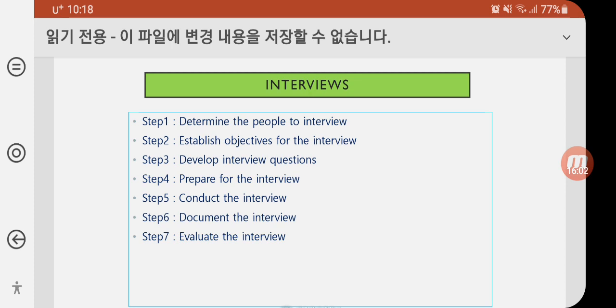The fourth step is to prepare for the interview. Careful preparation is essential because an interview is an important meeting and not just a casual chat.